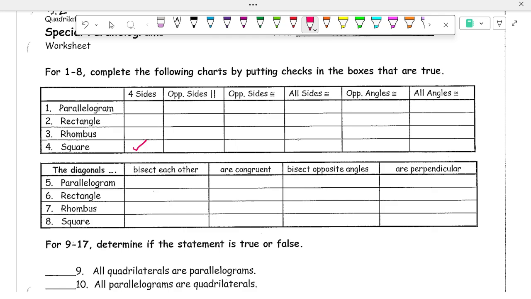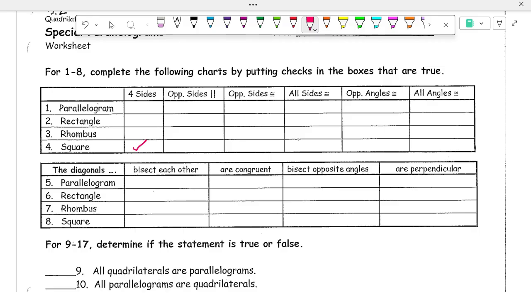Bisect opposite angles. A parallelogram doesn't bisect opposite angles. Isn't it just like all of them? Wait, so all of them are just the same except square?